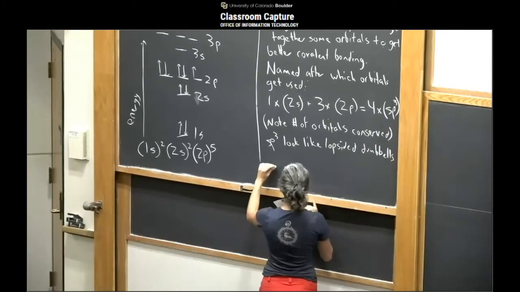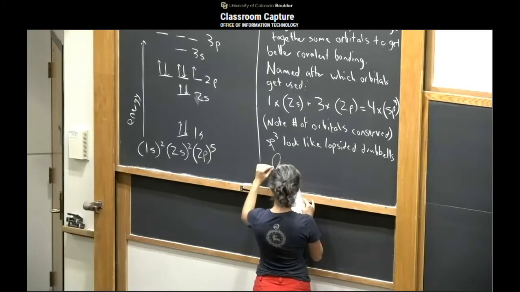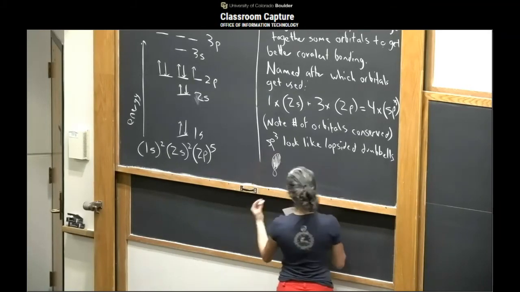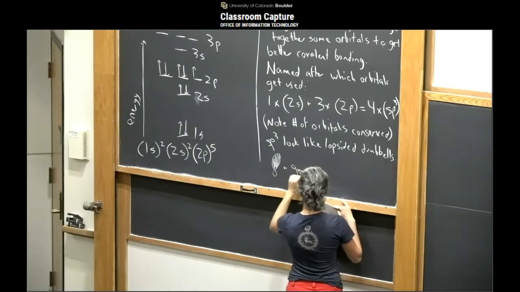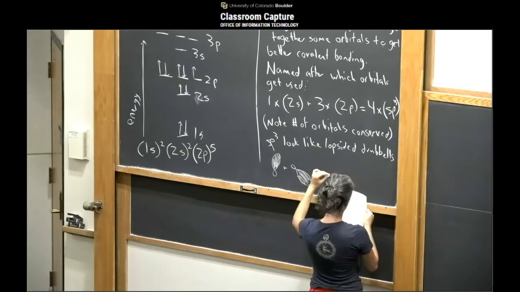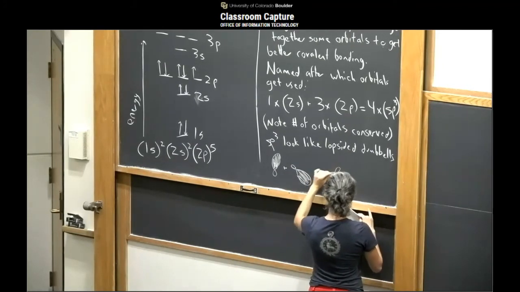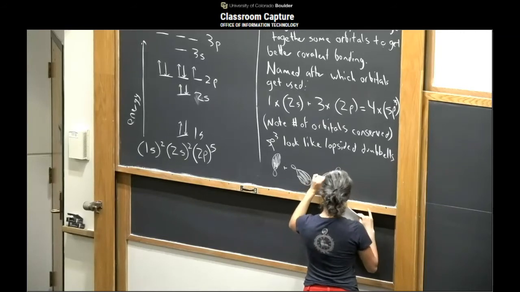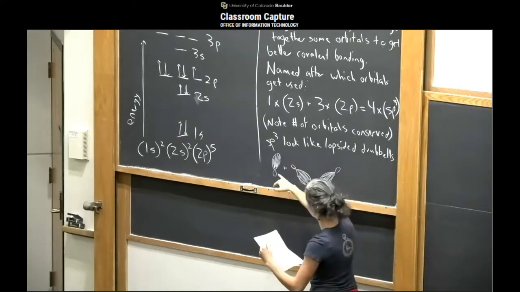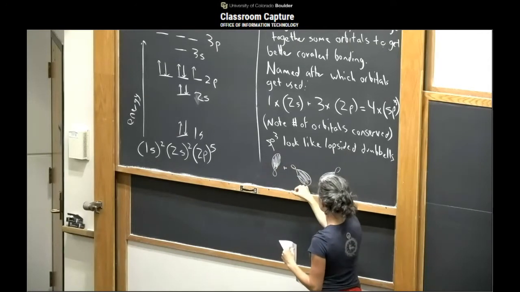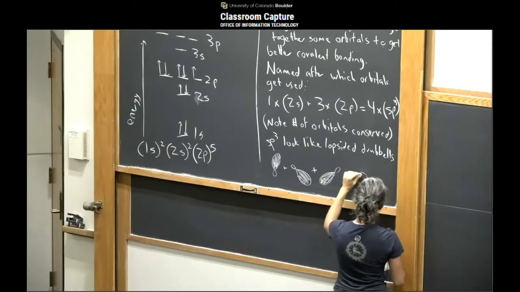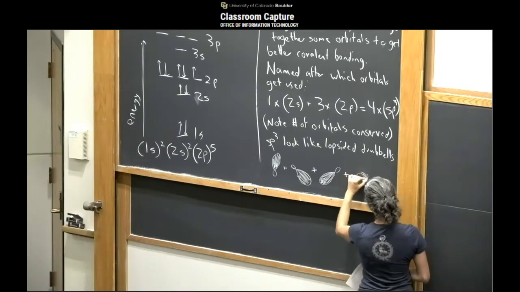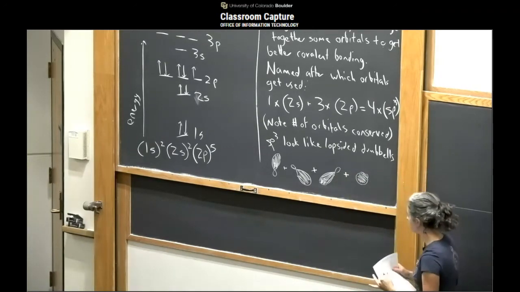We're going to get 4 of them, and they have one big lobe and one small lobe. The orientation turns out to be one pointing straight up, one down to the right, one down to the left, and then one, the hardest to draw, coming straight out at you. I can tilt it a little bit so you can see the tiny lobe in the back.